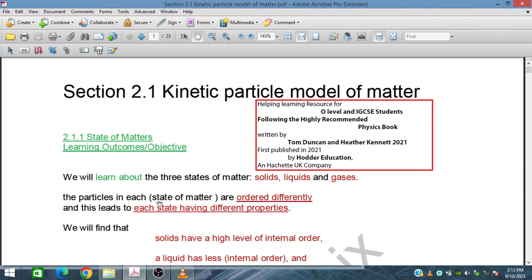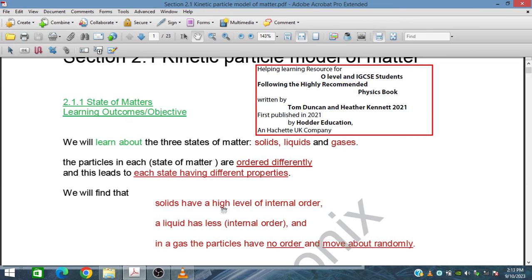The particles in each state of matter are ordered differently, and this leads to each state having different properties. Solids have a high level of internal order, so the particles are very close. Liquids have less internal order, slightly less than solids.